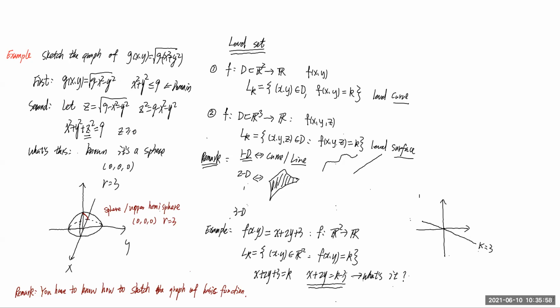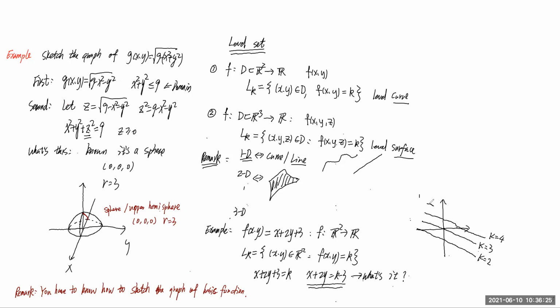And for example, when k is 4, this is another level set. And when k is 2, we continue this for different cases.